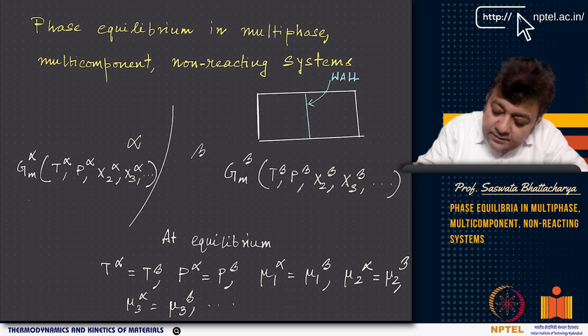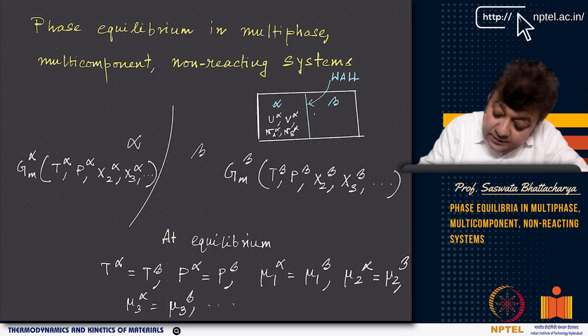And then we defined an alpha subsystem and a beta subsystem. Alpha is characterized by U alpha, V alpha, then Na alpha, Nb alpha, and so on.